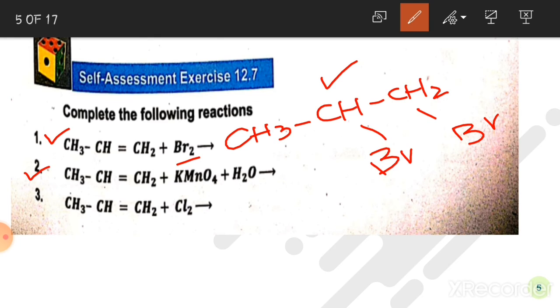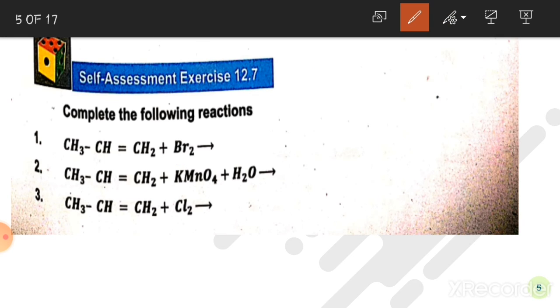Then we have another case. In this case, we have to add potassium permanganate to this alkene. How will it react with potassium permanganate? Whenever an alkene reacts with the aqueous solution of potassium permanganate, then we get glycol or diol. Two hydroxyl groups are attached across the double bond.